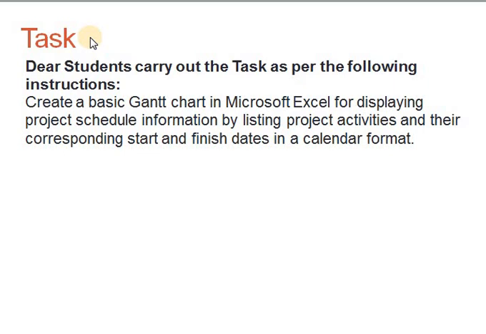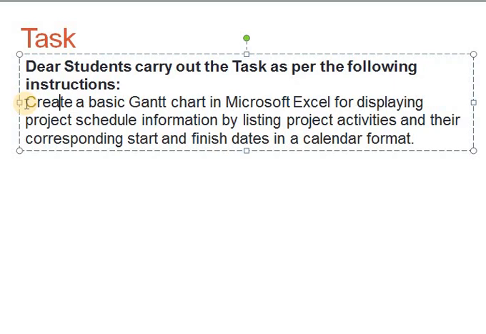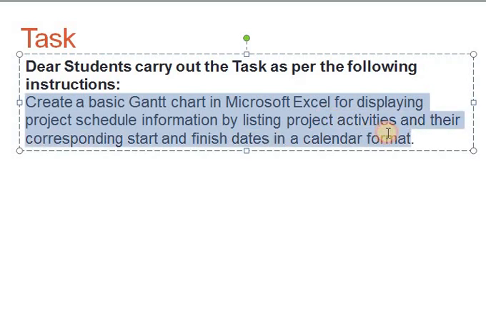Now we will talk about the task which is assigned to you in week 6. You have to create a basic Gantt chart in Microsoft Excel for displaying project schedule information by listing project activities and their corresponding start and finish dates in a calendar format.